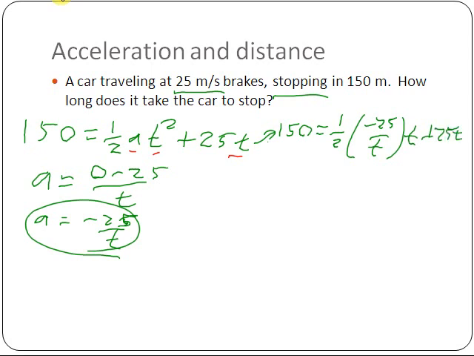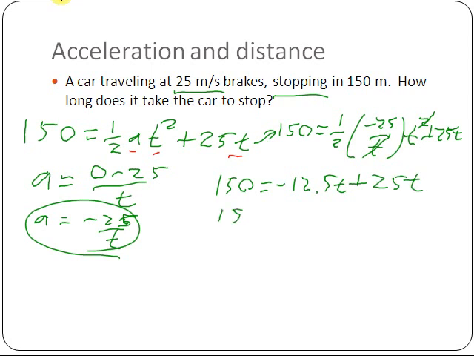In doing this, 150 is equal to 1/2 times negative 25, and so that's negative 12.5. So negative 12.5t, because this t and that t squared cancel, and so we just have t on the end here, plus 25t.